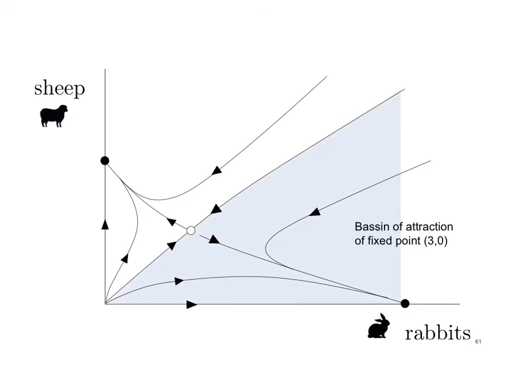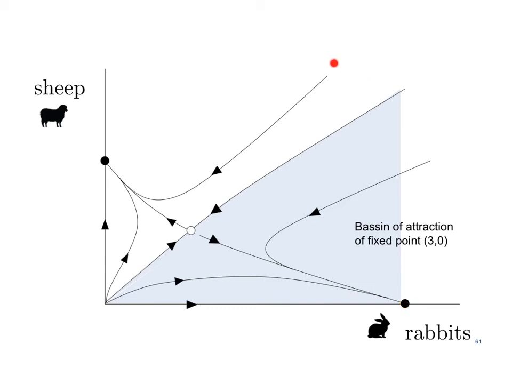Okay, now we will introduce something called basin of attraction. You see that all this region, the one in blue, is going to end up being completely related to this attractor. What I mean is that any initial condition in this region will go, as time goes to infinity, to the attractor in here.